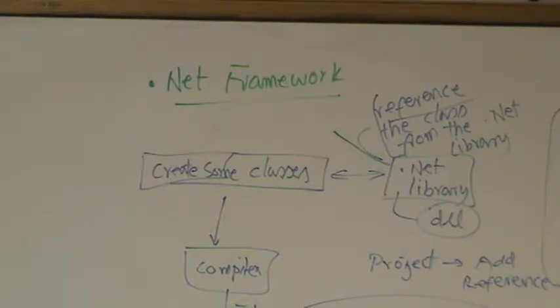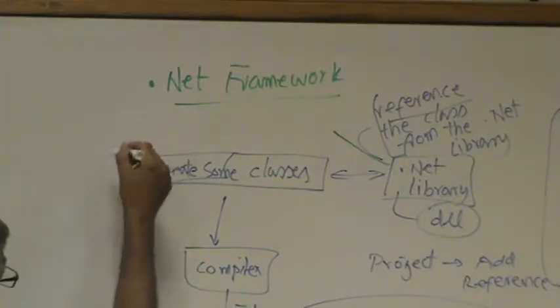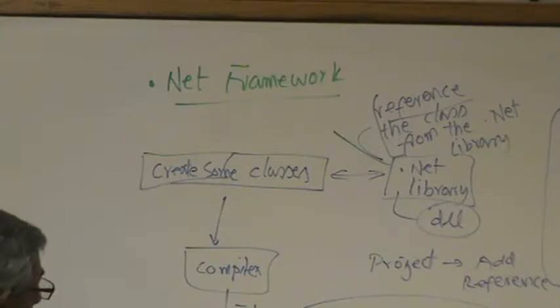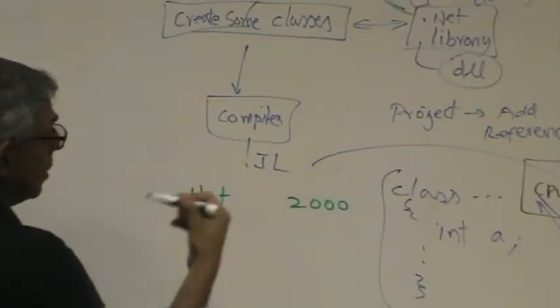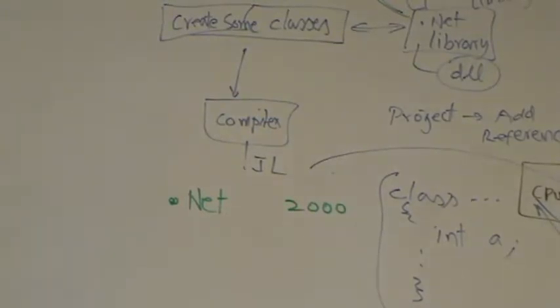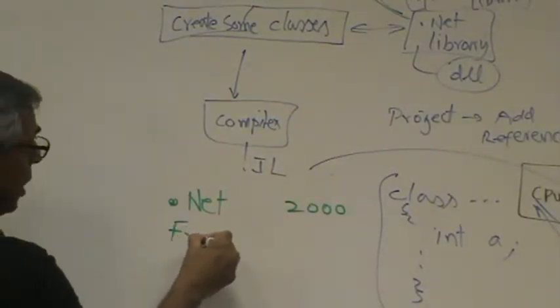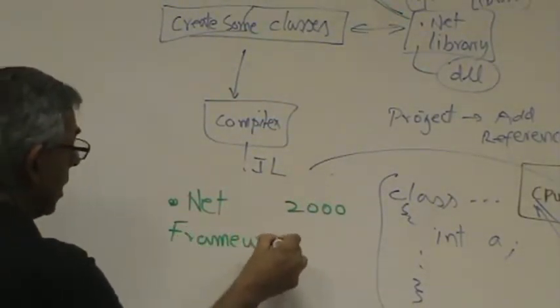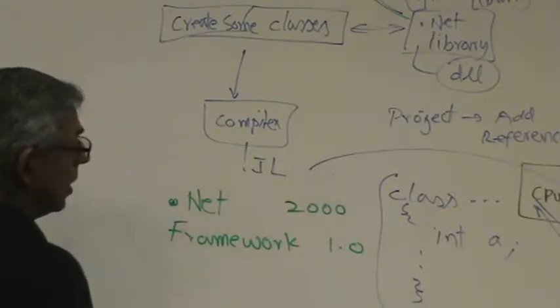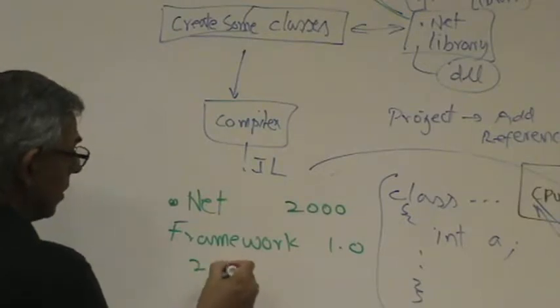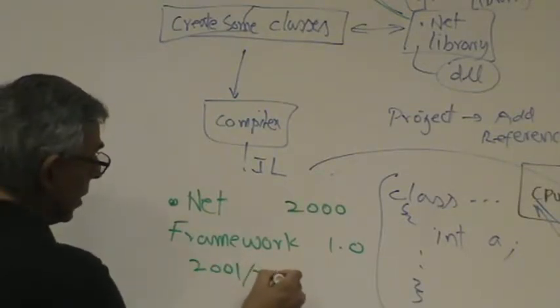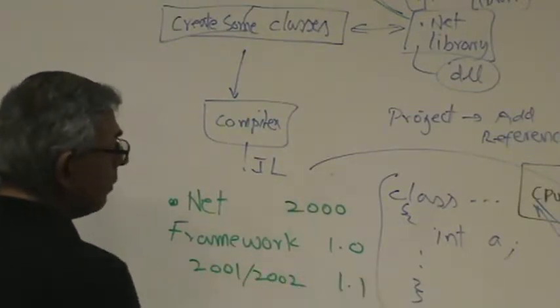So one of the nice things in the .NET framework is that, for example, when .NET was released around the year 2000, the framework version was 1.0, right? So then a couple of years later, around the 2001, 2002 time frame, they improved the framework.